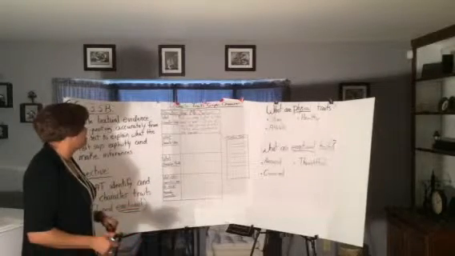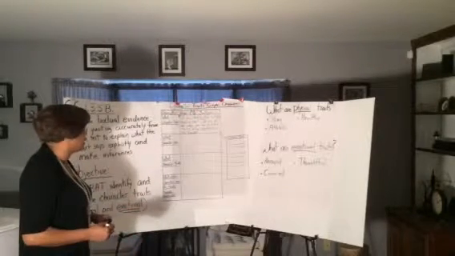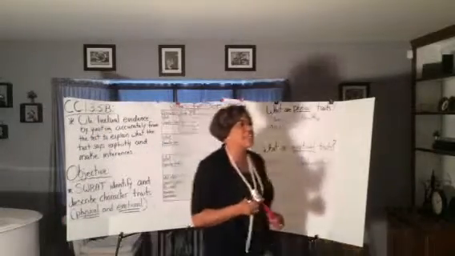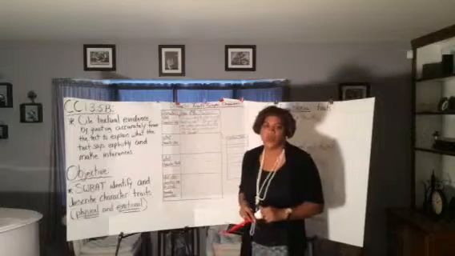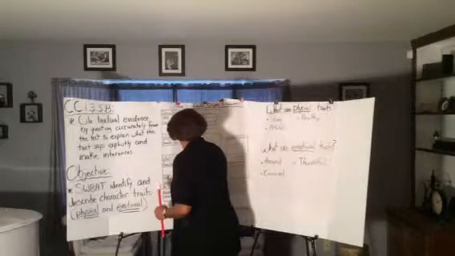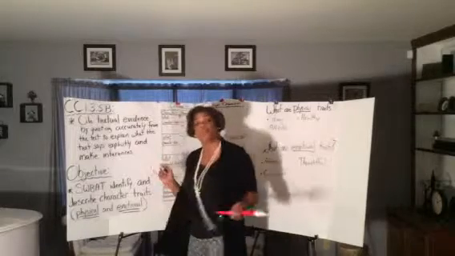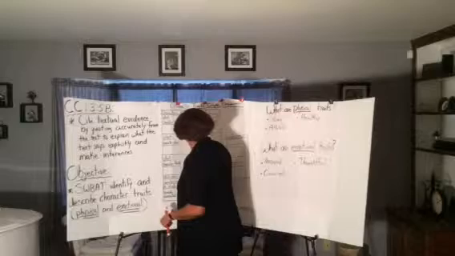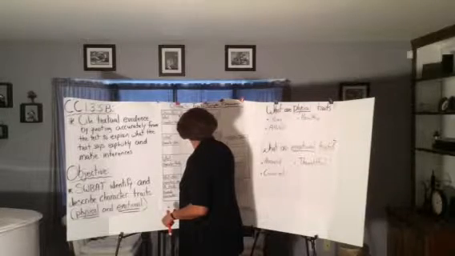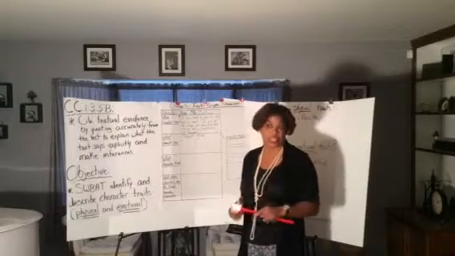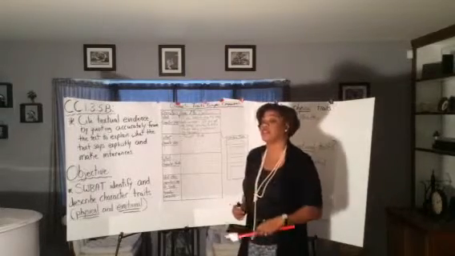What the character does. Okay. What did Mr. Jackson do? We found out something about Mr. Jackson. What did he do? He taught math. Yes, okay. So I'm just going to bullet point this to make it easy. He taught math. What else did he do? Because we found out something else about Mr. Jackson. Yes.